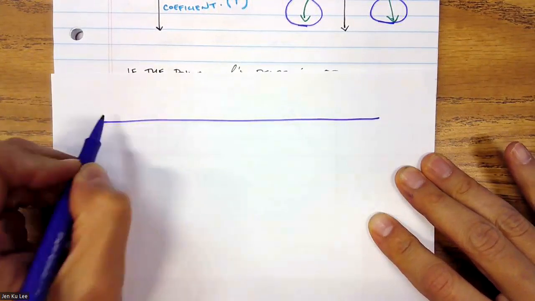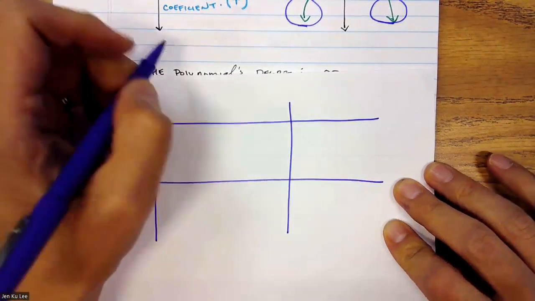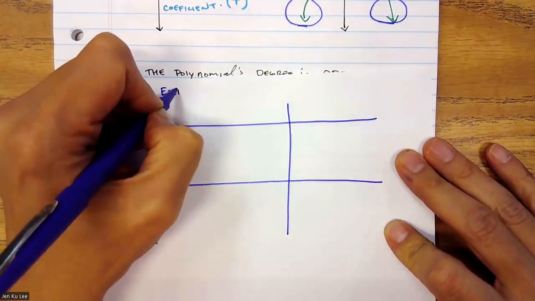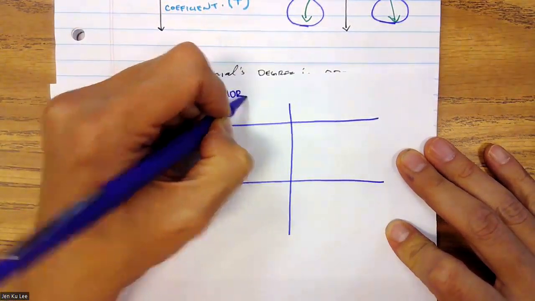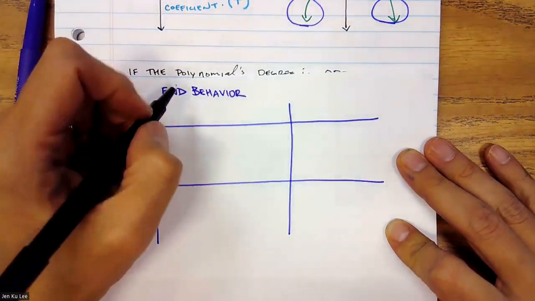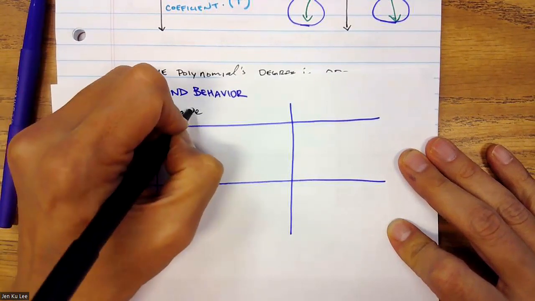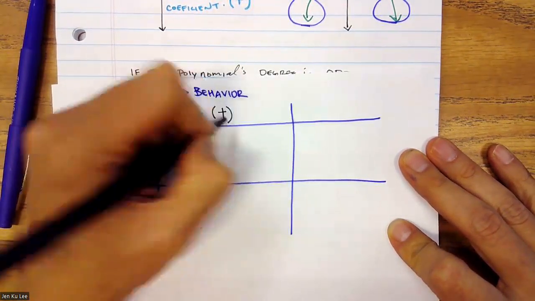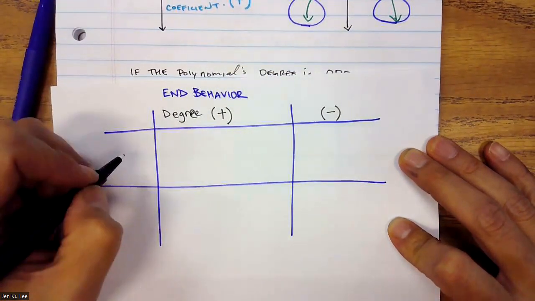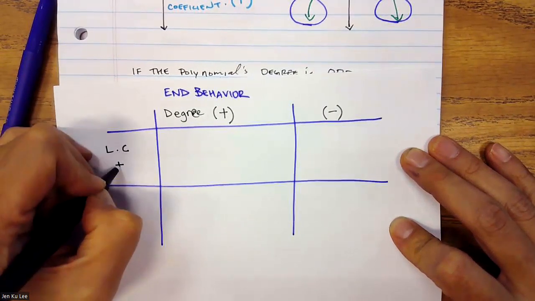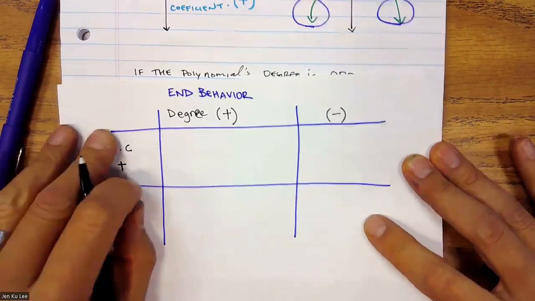Okay? So if I break up this chart like this, your end behavior is broken up into two things: whether the degree is even or odd, and whether your leading coefficient is positive or negative, all right?